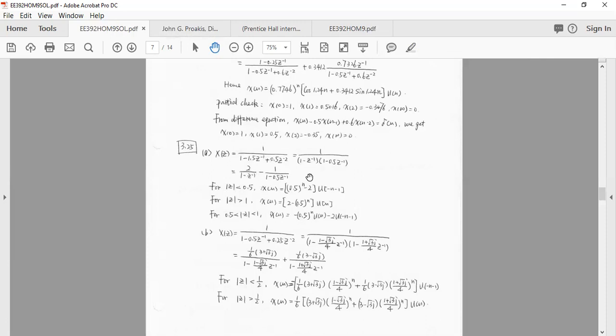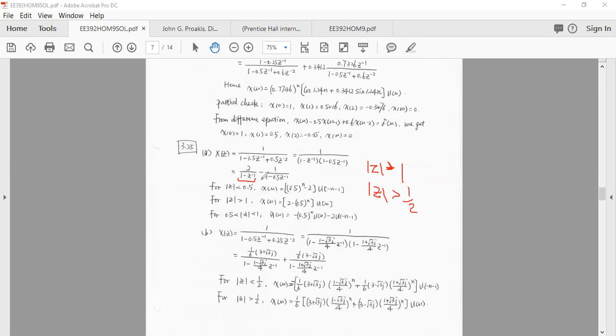So again, in this particular term, I can see that the region of convergence for this term is |z| greater than 1, and the region of convergence for this is |z| greater than half, right?